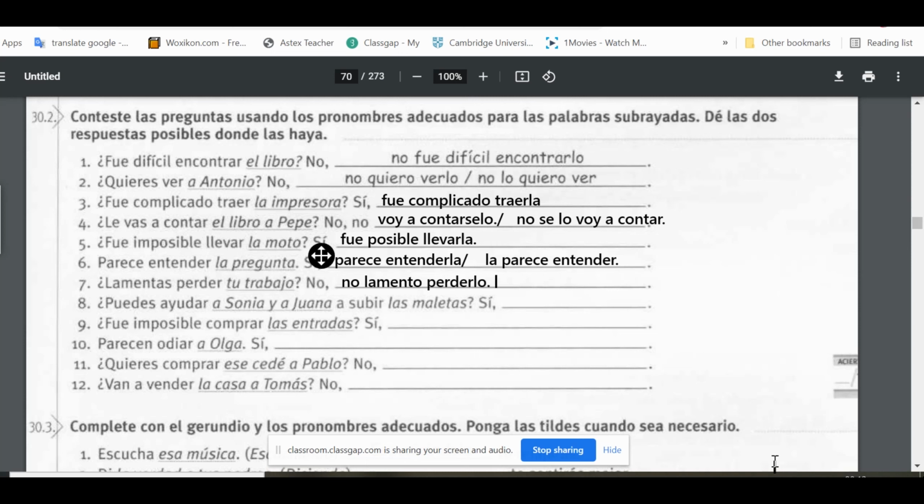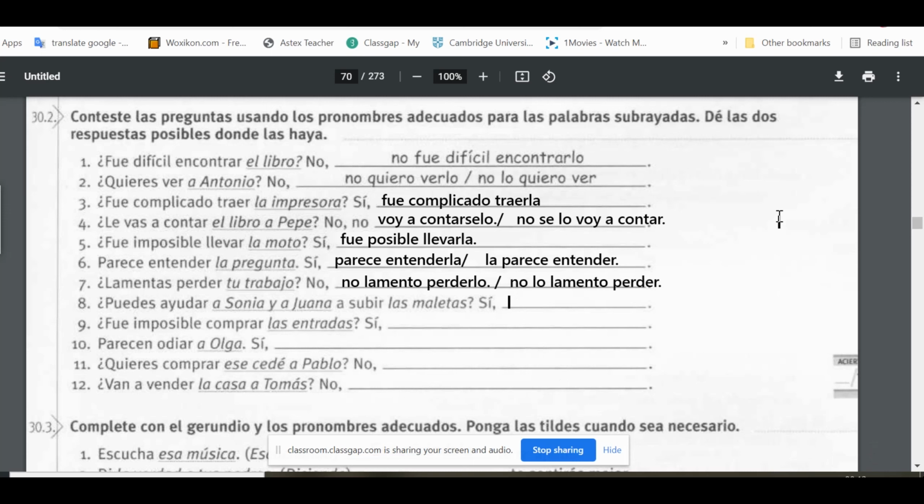No. Remember, "tu trabajo" is one thing, okay? So that will be "lo." Yeah, your job. So that's one. Or it will be "no lo lamento perder." Easy, yeah? It's very easy.